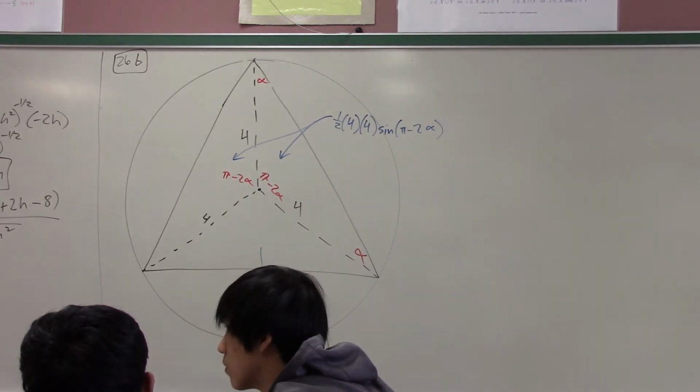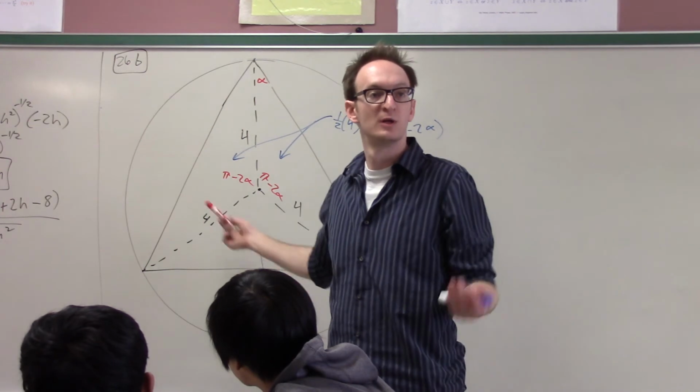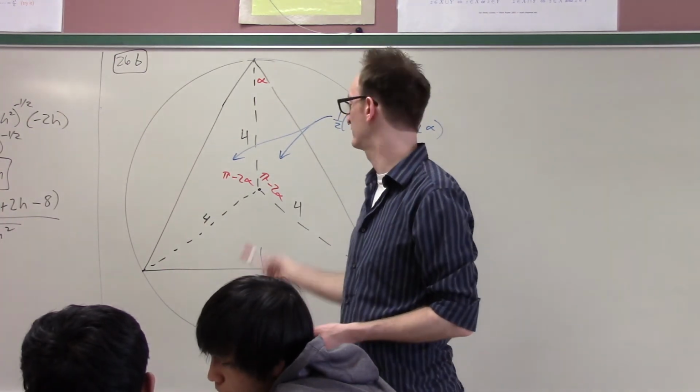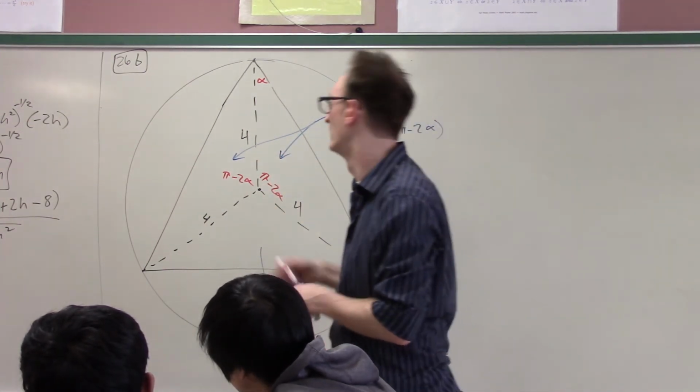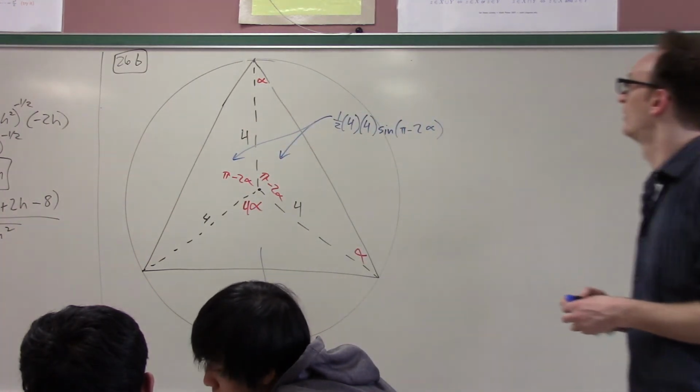It just has to be the angle such that these 3 all add up to 2 pi, right? What do I have to do to make these all add up to 2 pi? Just have to make that 4 alpha. Okay, cool.